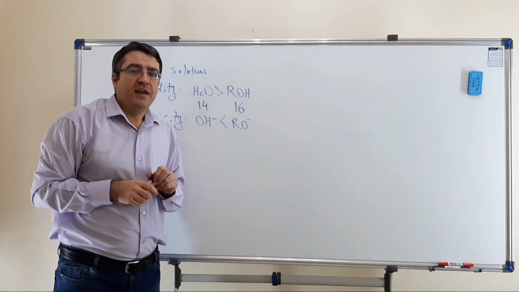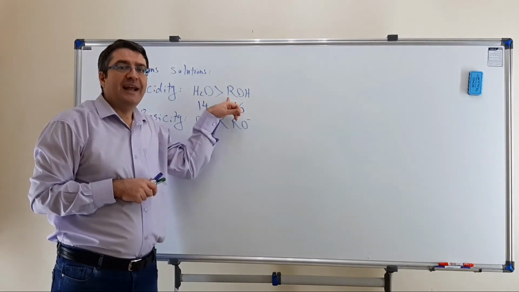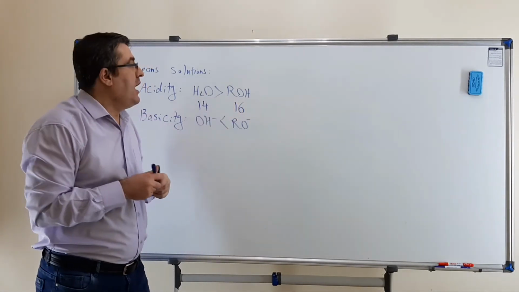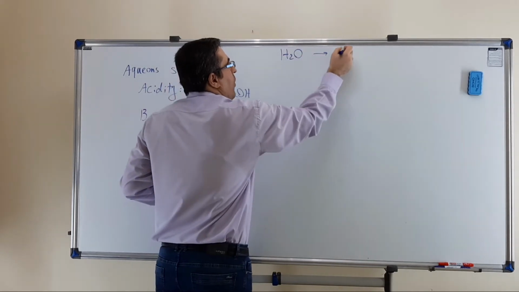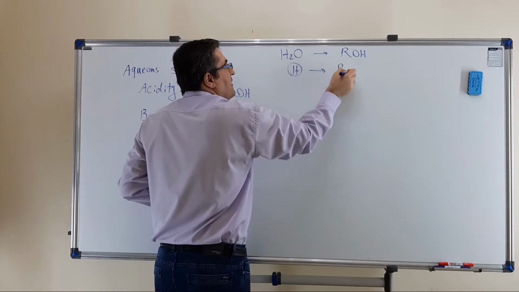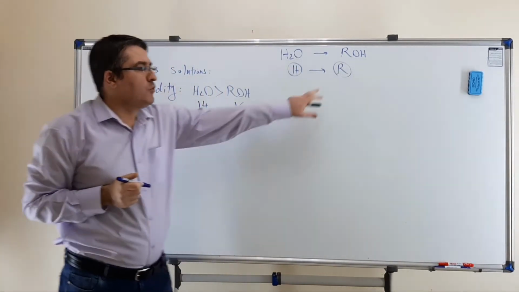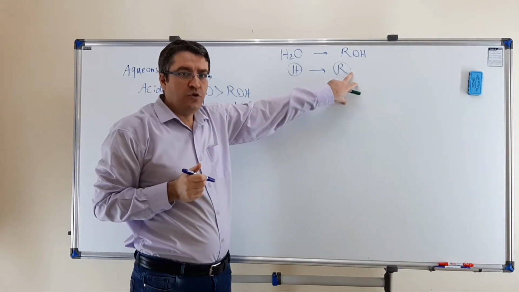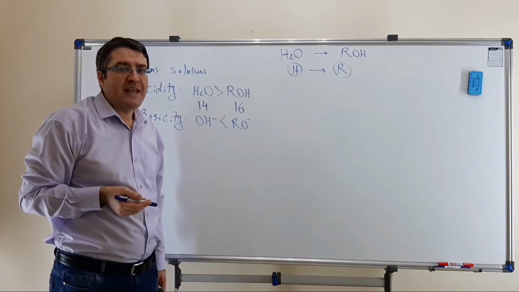We might think this is due to the fact that alkyl groups are electron donating groups. From water to alcohol, one hydrogen is replaced with one alkyl group. Alkyl groups are electron donating groups, so we can think that they will reduce acidity.